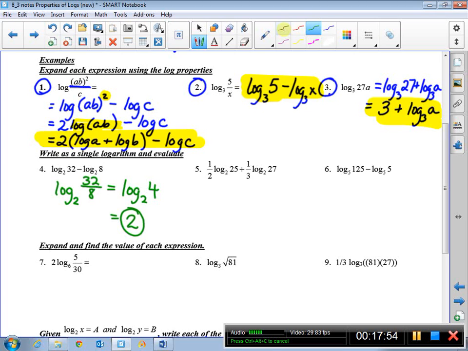Number 5, we have addition. We also have a number out front and a number out front. So we have to combine a couple of rules here very carefully. I'm going to put the half back on the 25. And I'm going to put the 1/3 back on the 27 as exponents.